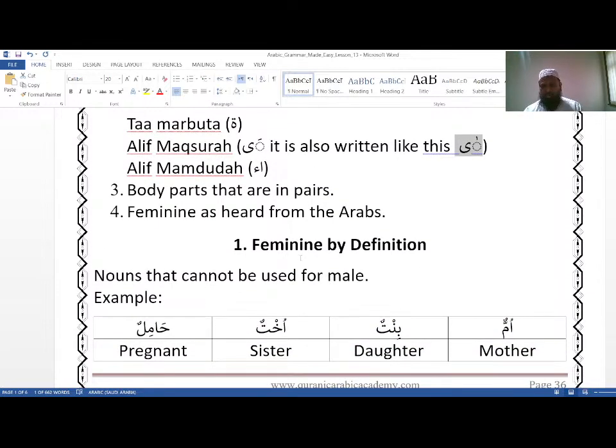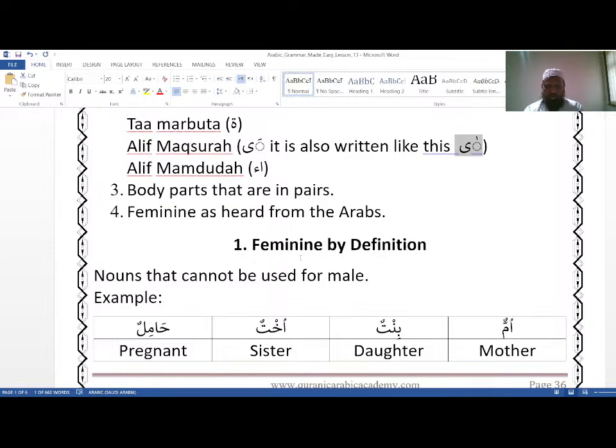Examples: ummun, mother; bintun, daughter. We don't see any signs of feminine. There's no ta marbuta, no alif maksura, no alif mamduda, but they are feminine by definition.